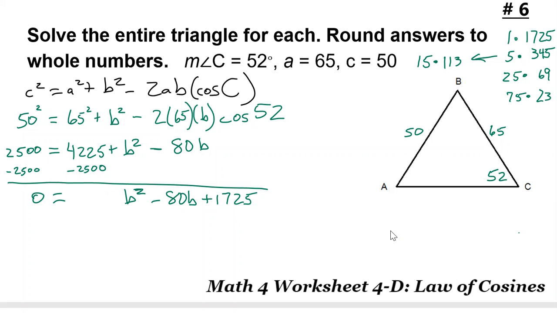So I'm going to be subtracting 80b. When I subtract the 2,500 over to this side, yeah, there is no solution to this answer.